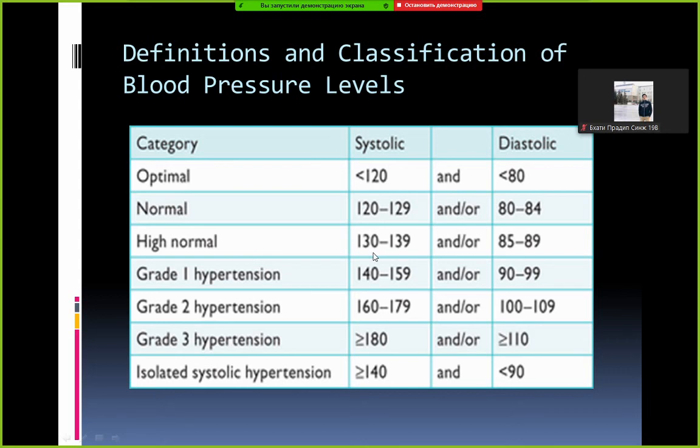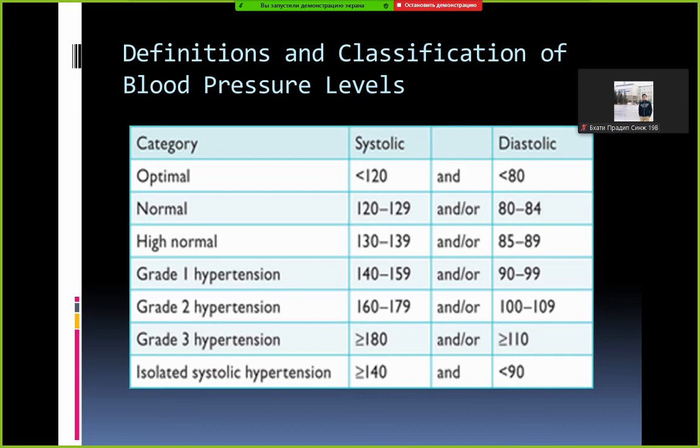Systolic is 130 up to 139 and diastolic 85 up to 89. And arterial hypertension grades start from systolic blood pressure 140 and diastolic 90.